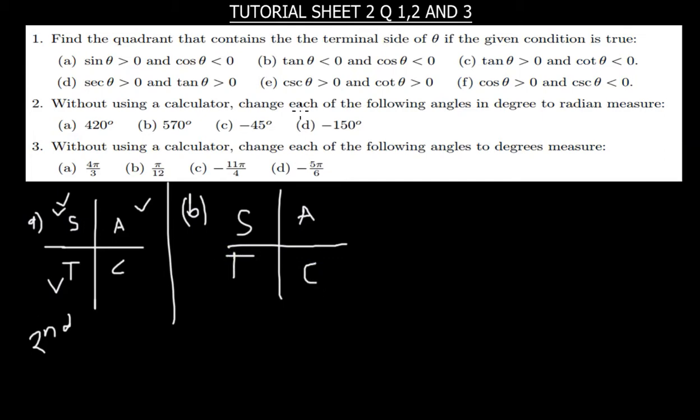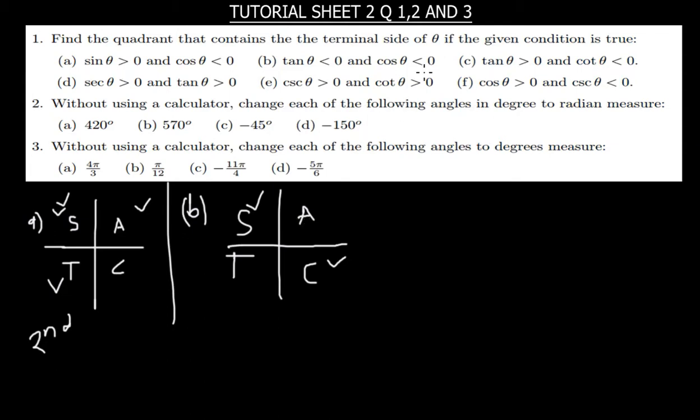Okay, so we know to say tan theta is only less than 0 in the second and the fourth, because we know that in the third tan is positive, and in the first tan is positive. So when we say tan is positive, we simply mean that it's greater than 0, and when we say tan is negative, then it's less than 0.